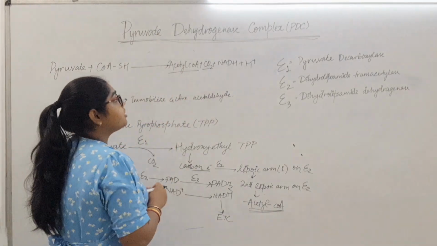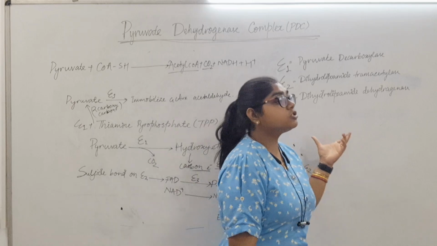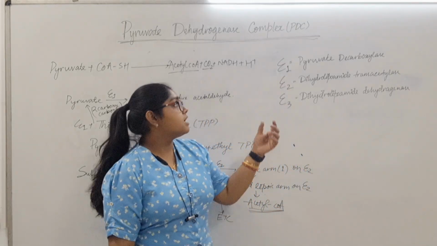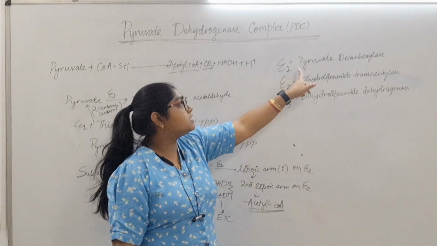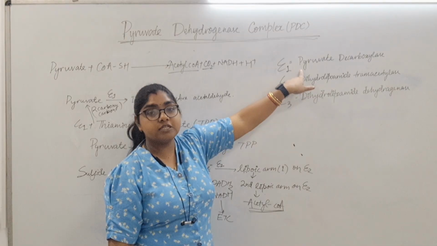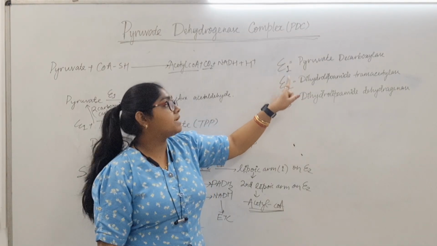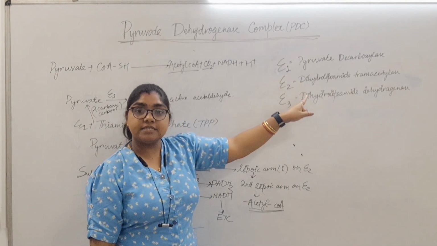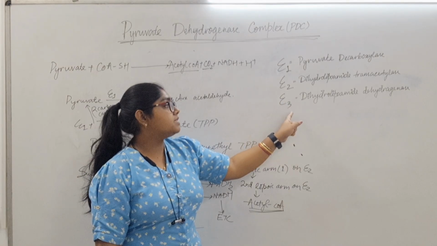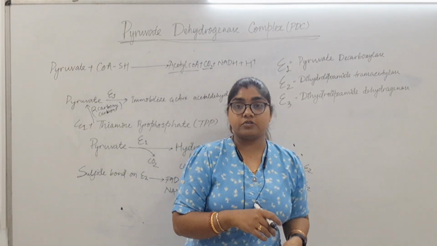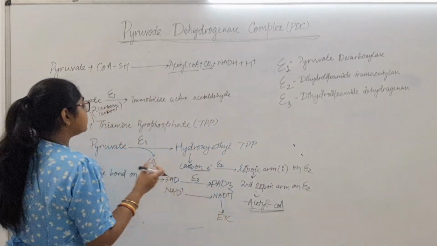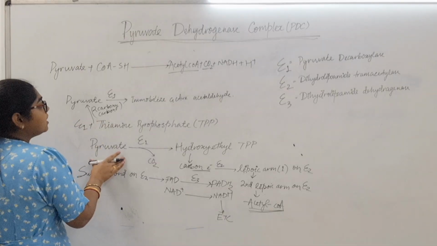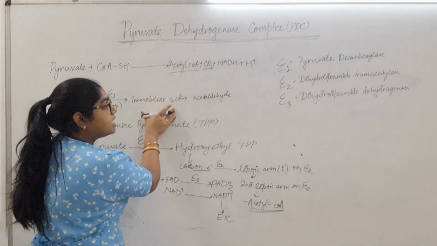So the pyruvate dehydrogenase complex mostly consists of 3 enzyme subunits. One is E1, that is pyruvate decarboxylase. The second one is E2, that is dihydrolipoamide transacetylase, and the third one is E3, that is dihydrolipoamide dehydrogenase. In this process, it first converts the pyruvate to the immobilized active acetaldehyde.